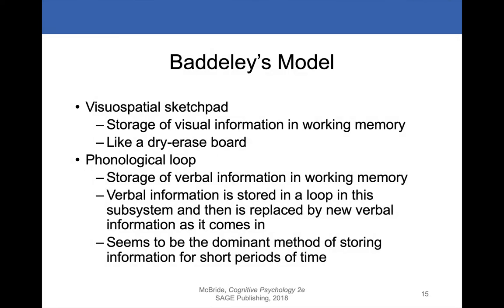So, for example, one of the subsystems that Baddeley has theorized on is the visuospatial sketchpad. The visuospatial sketchpad, that's hard to say, is responsible for the storage of visual information in working memory.